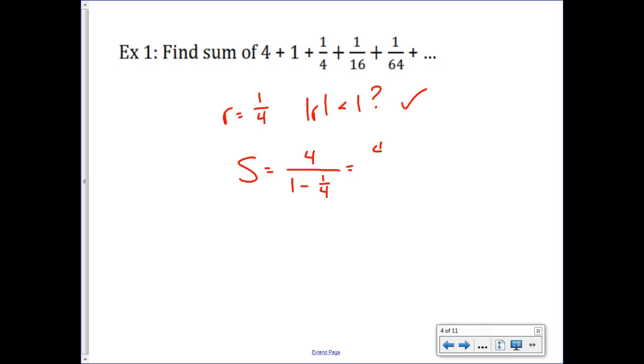So then we get 4 over 3/4, and remember when we have complex fractions, fraction within a fraction, we flip that over, so that's the same as saying 4 times 4 over 3, or 16/3 is what that converges to. 16/3 is the same as 5.3 repeating, 5 1/3, and you could see that that's where that was headed. I think it was 5.328 where we had gotten to with just adding the first 5 terms.